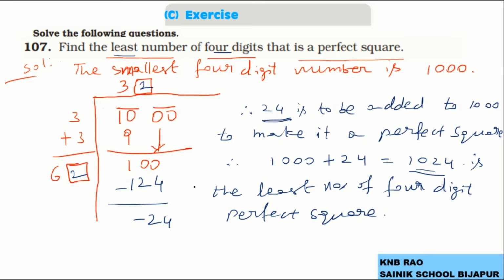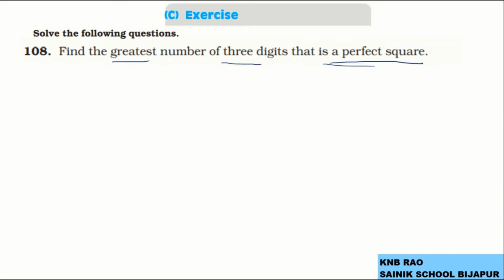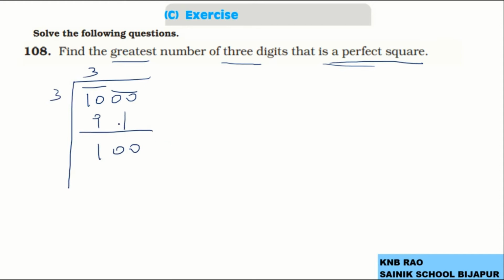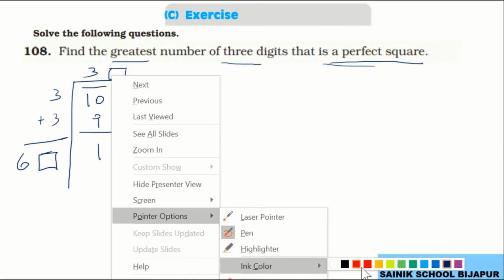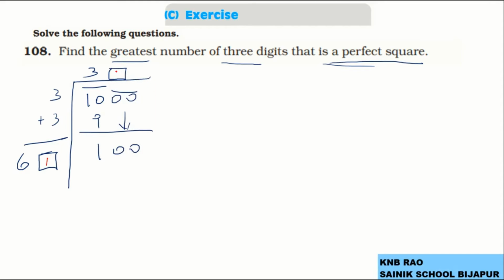Now the same work I can take and continue in question number 108 by choosing the smallest 4 digit number and finding what is to be subtracted. 3 3s are 9 and 100 is the difference, 1 is the difference and 100 means the other bar is brought down, which gives us 6, and now I have taken 1 instead of 2, which gives me what is to be subtracted.